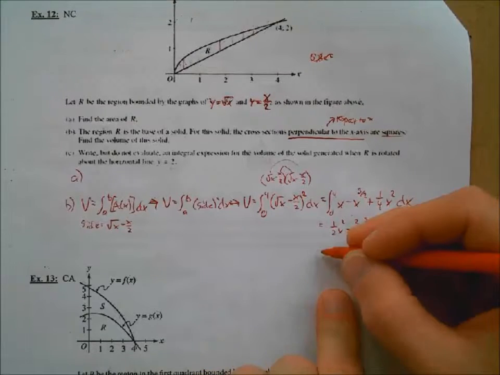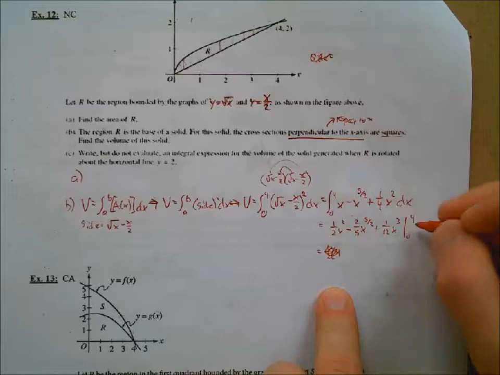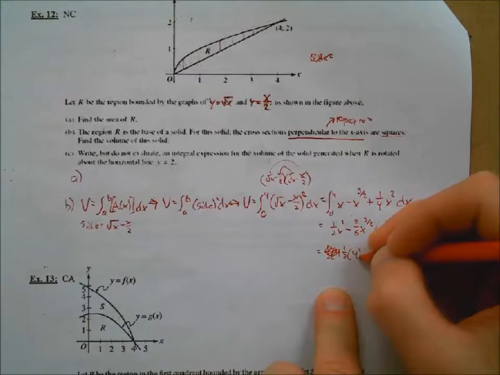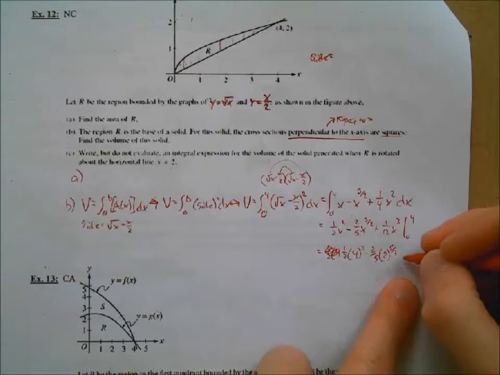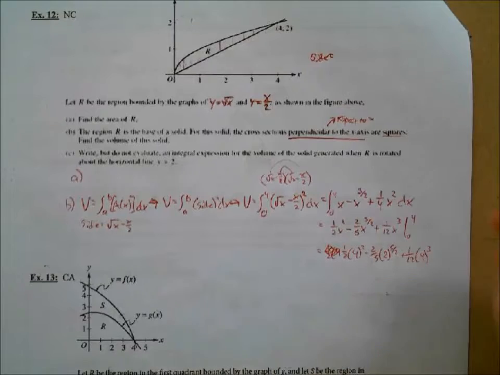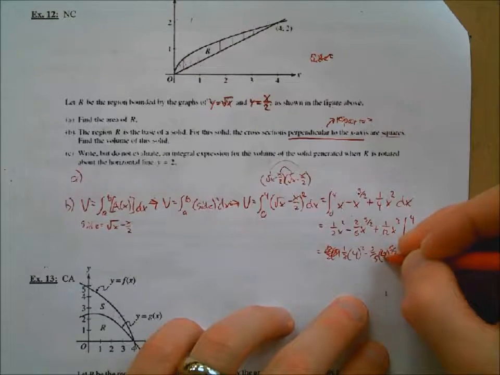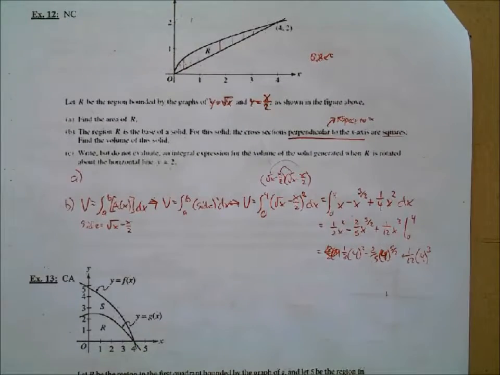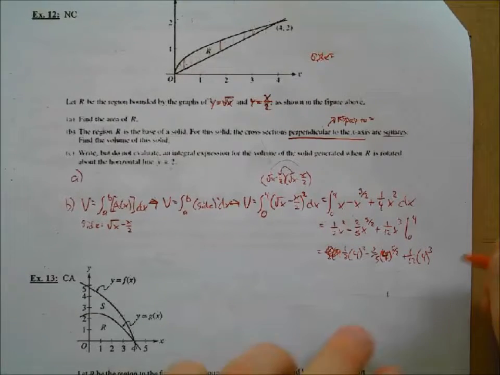I just have to worry about plugging in the 4. We have 4 to the 5 halves. Because this is a non-calculator free response question, you can stop right there.